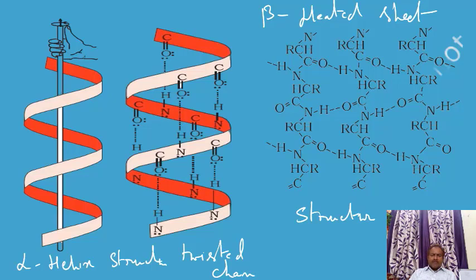So whether it is alpha helix structure or beta pleated sheet structure, the most important point one has to notice here is that there exists a hydrogen bond between different amino acids present in the protein. Because of the presence of hydrogen bonds, the different structures are obtained. The structure resembles the pleated folds of a drape, and therefore it is known as a beta pleated sheet structure.